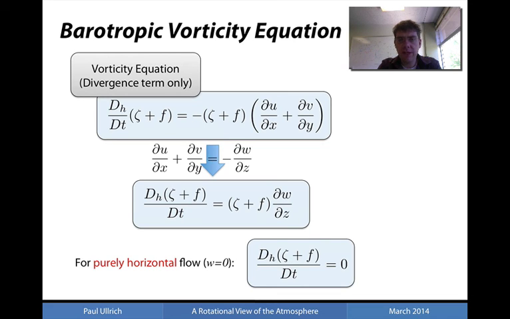So this simplifies things quite dramatically then, and we can use this in order to understand how relative vorticity is changing as the fluid parcel moves to different locations along the planetary surface. Namely, consider a fluid parcel, for instance, that's sitting at the equator. If that fluid parcel then moves northwards, then you're going to observe an increase in the value of f, which must be compensated for by a decrease in the relative vorticity zeta.